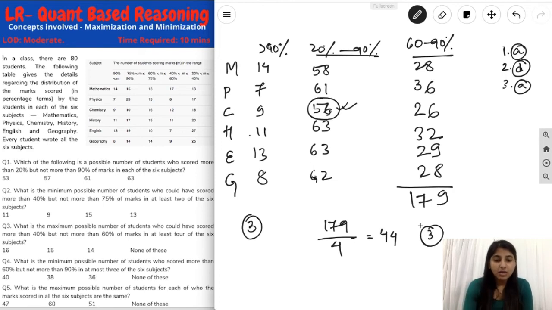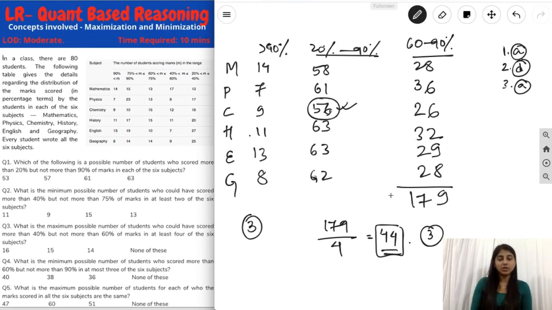But see one thing, like 80 minus 44 if you do, because there are total 80 students. So if you do 80 minus 44, which means maximum 44 of them can have scores in this range in 4 subjects. Maximum 44 of them out of 80 can have score in this range in 4 or more subjects.